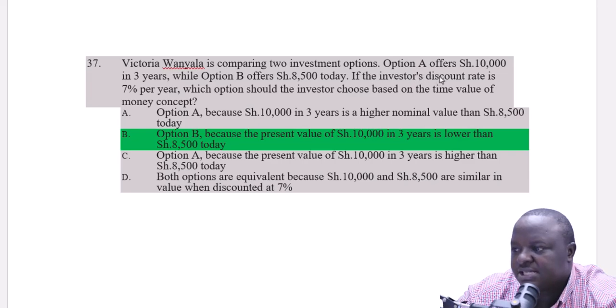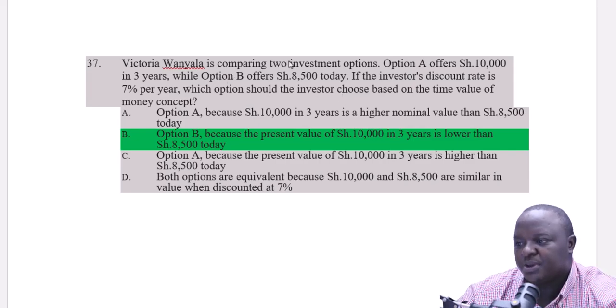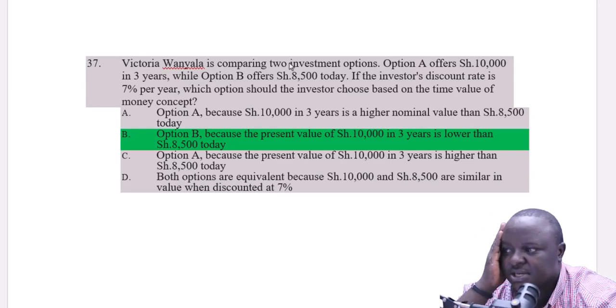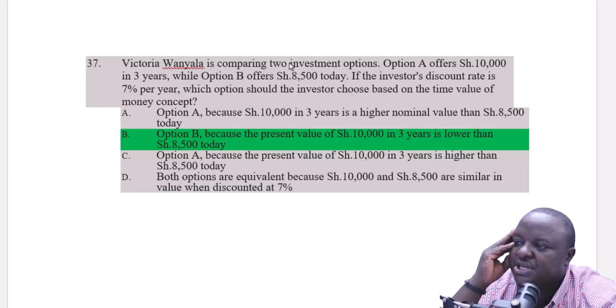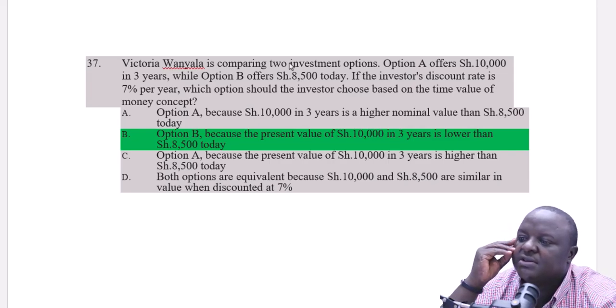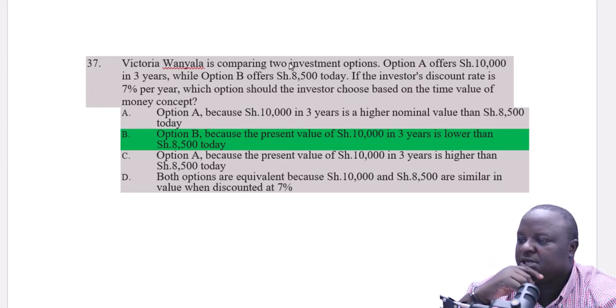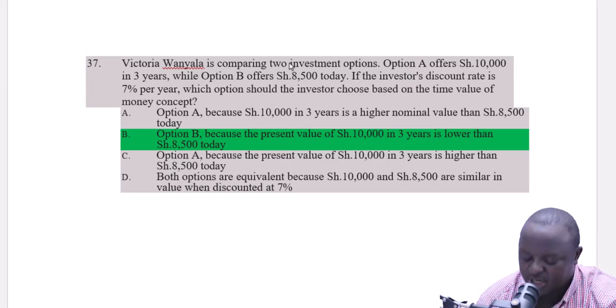If the investor's discount rate is 7% per year, which option should the investor choose based on the time value of money concept?